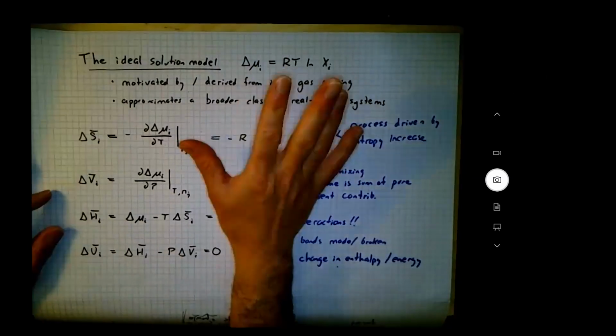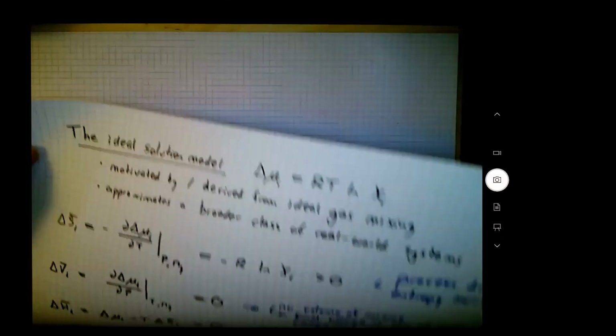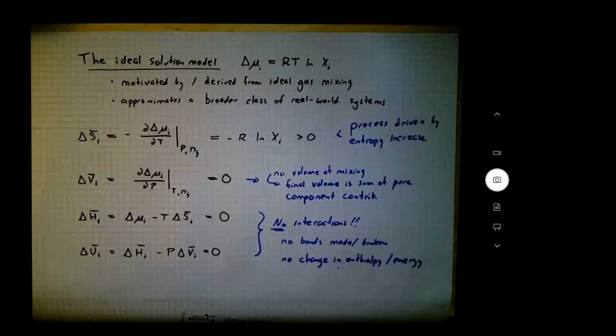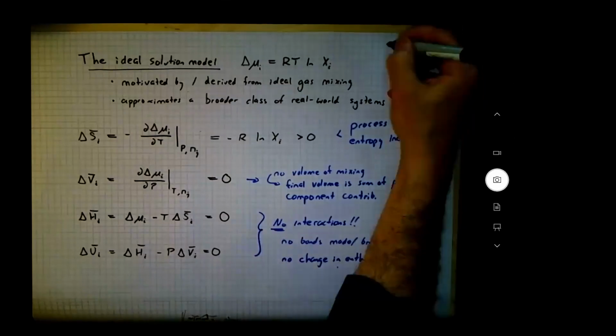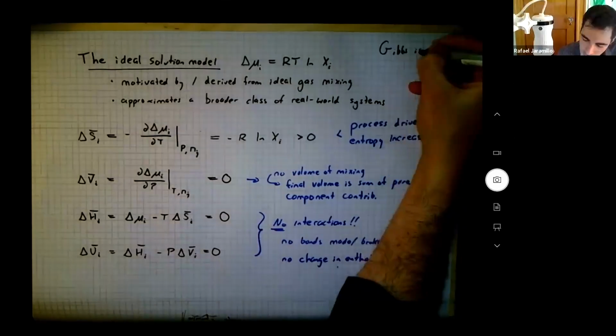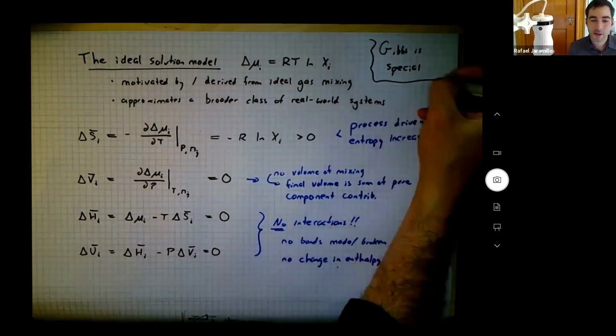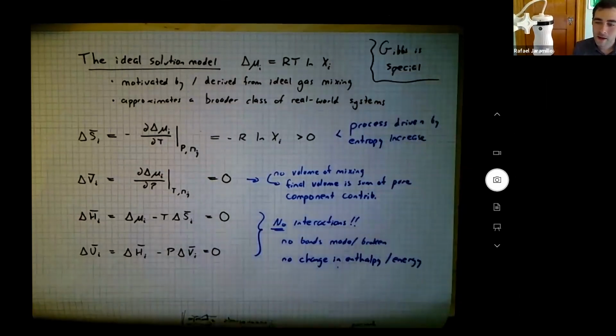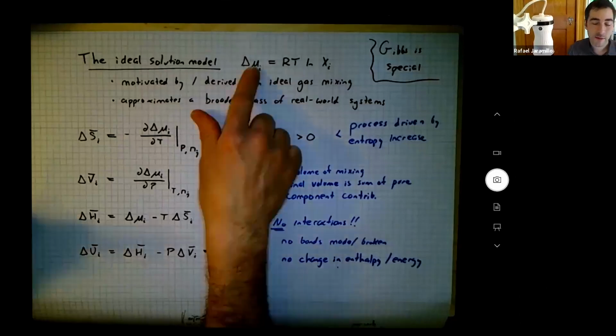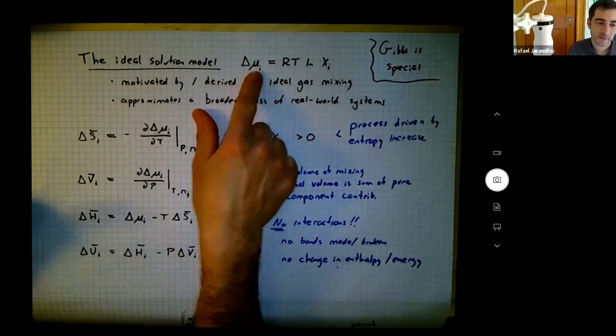Great, let's move on. I have a quick question, sorry. Yes, please. Is there a reason why we write the bar for entropy, enthalpy, etc., but then we don't write the bar for the mu's for the chemical potential? Yeah, Gibbs is special. The chemical potential is the partial molar Gibbs free energy.